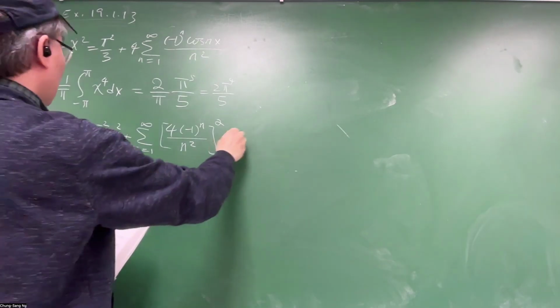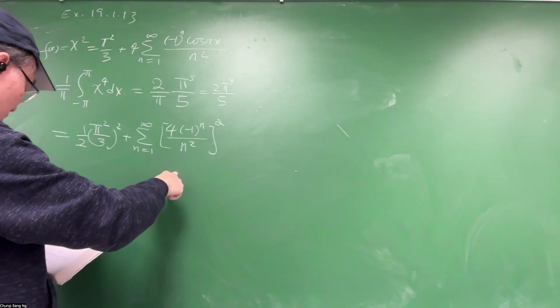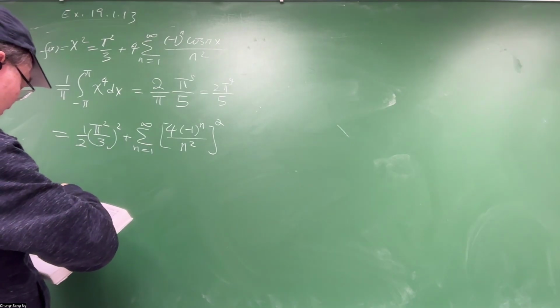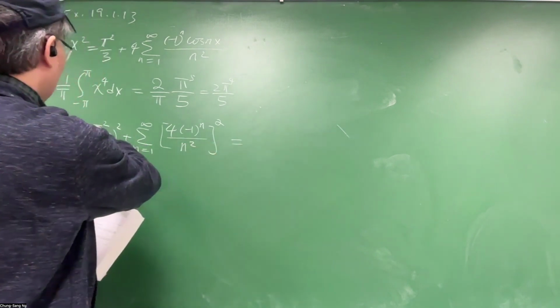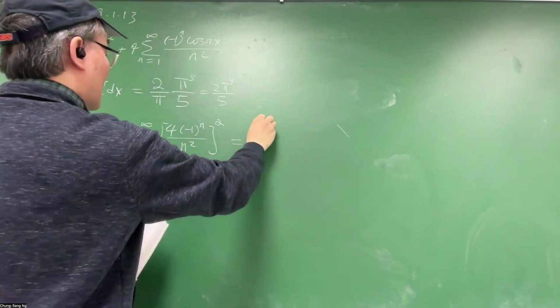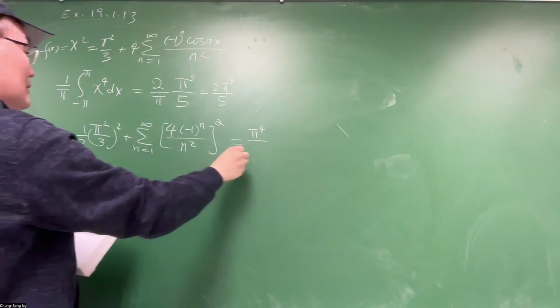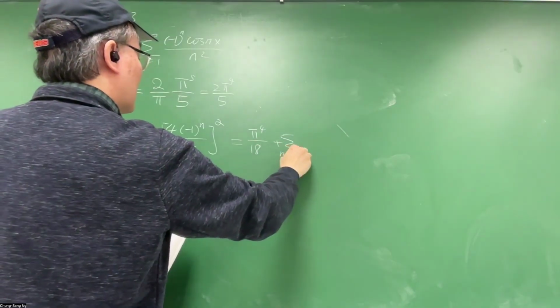So this is pi to the 4th over 5, plus the sum over n.